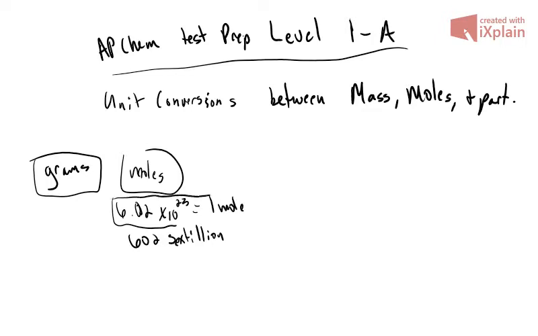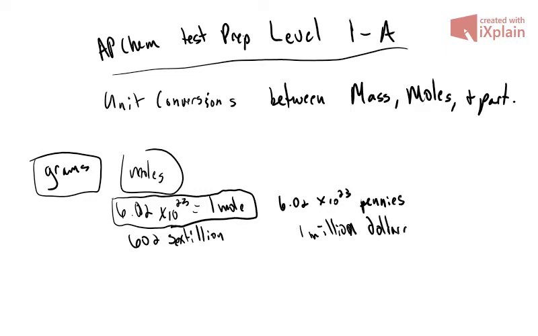Okay, it really helps us count particles. Now, to get a quick little idea of how large this number is, if you were to receive 6.02 times 10 to the 23rd pennies on the day that you were born, okay, and you spent, I believe it's $1 million a second until the day you die.